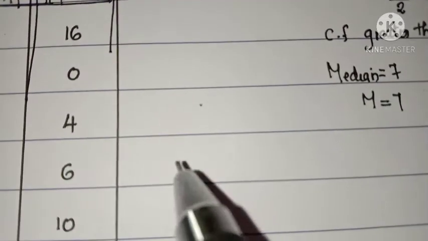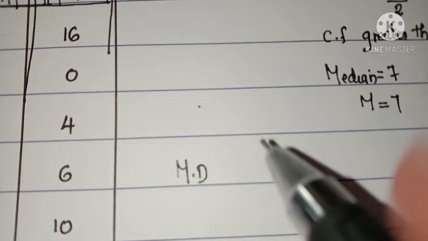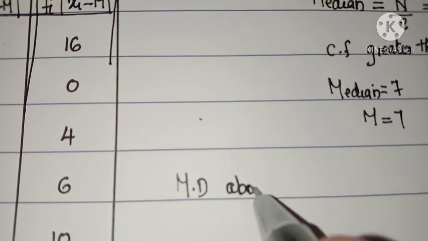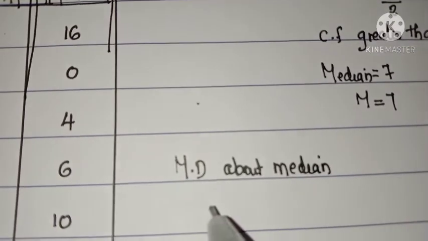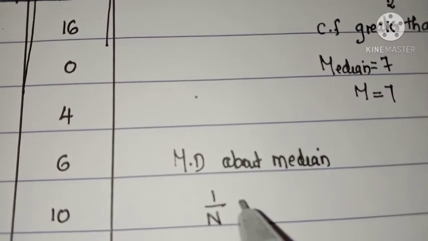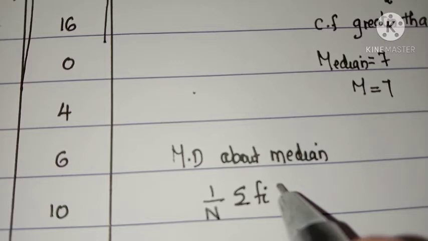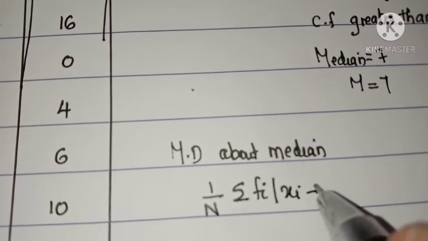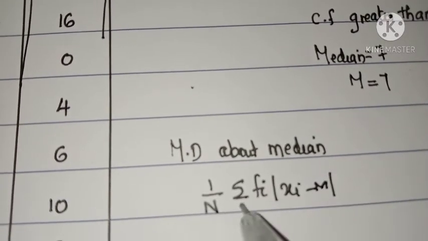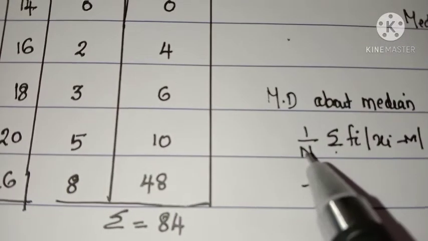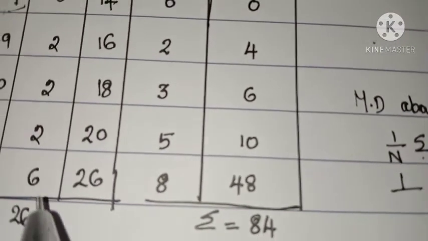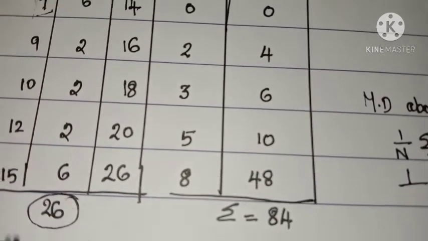Now listen, mean deviation about median is obtained by 1 by n into sigma fi into mod xi minus m. So put the values here. 1 by n. What is n? N is total frequency. Total frequency is 26.